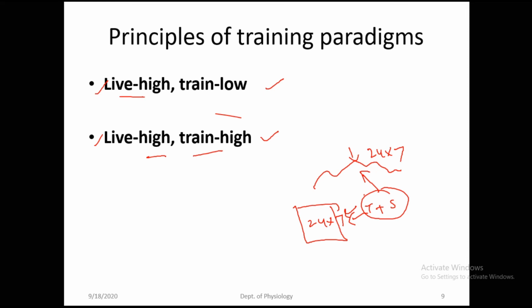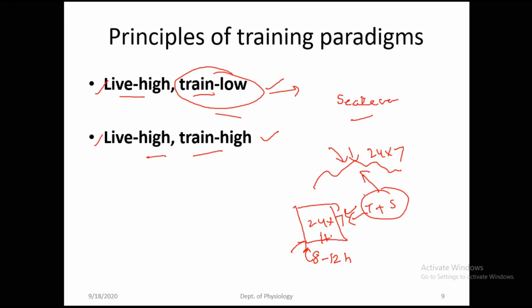And the second one is live high, train low. That means the person has to stay in the hypoxic chamber overnight, 8 to 12 hours of overnight stay in the hypoxic chamber or natural altitude, whereas training is to be done at sea level.